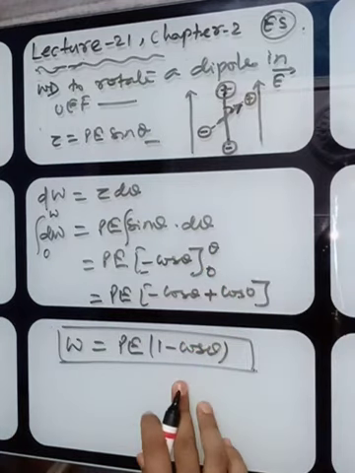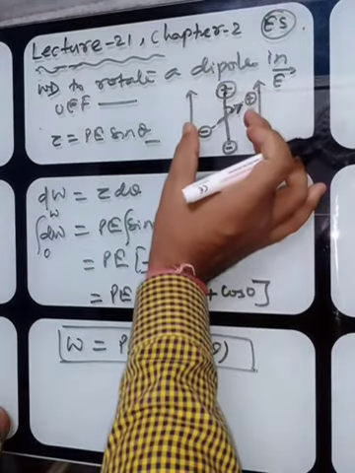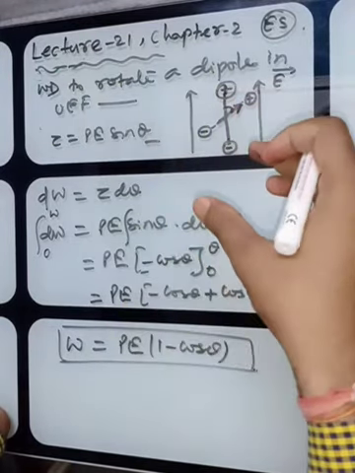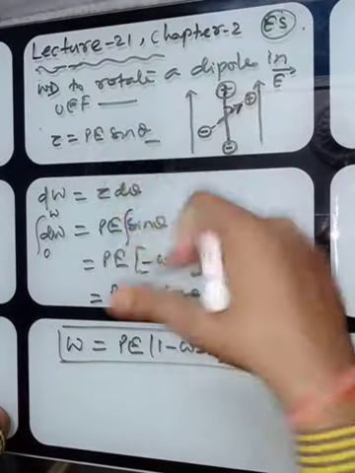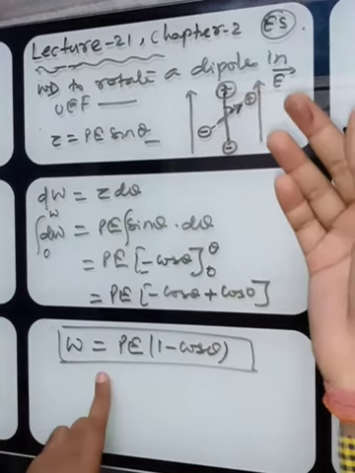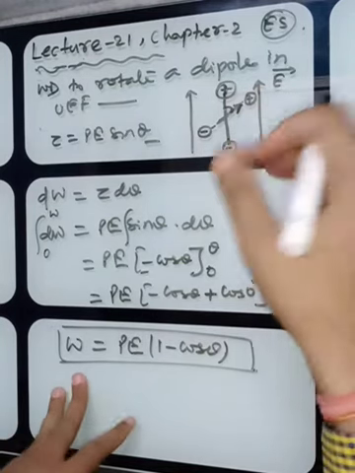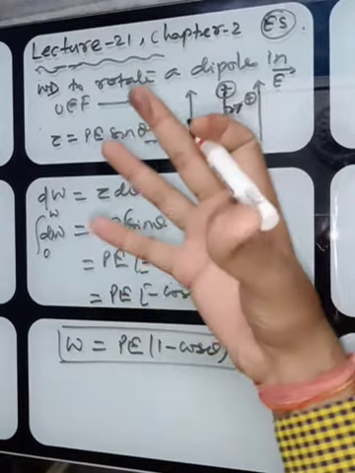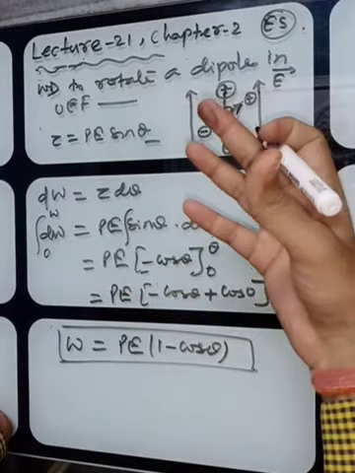If you leave a dipole from its unstable state, then how much work will be done by the dipole itself? This is the work to rotate the dipole by an external force, but for work done by the dipole, you have to find the potential energy stored in the dipole. Then how will you find the potential energy?